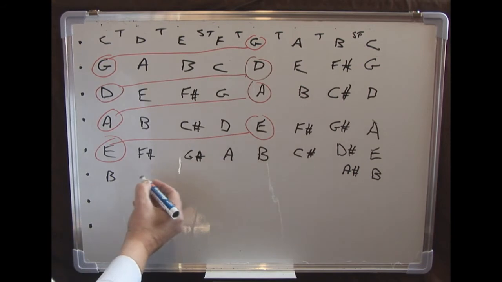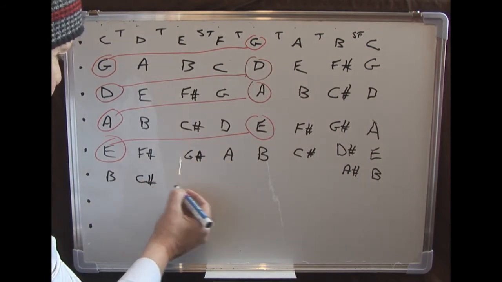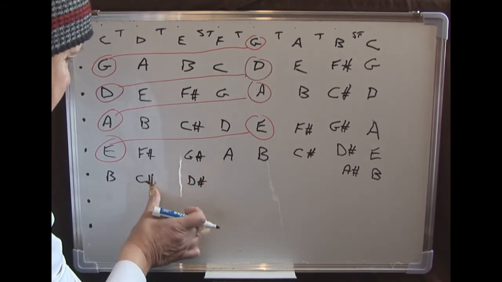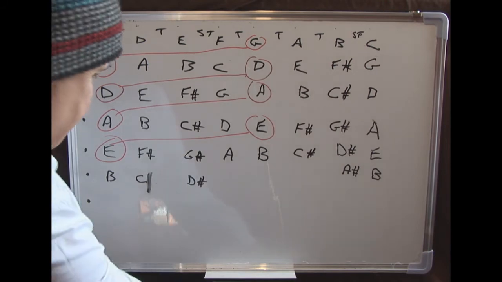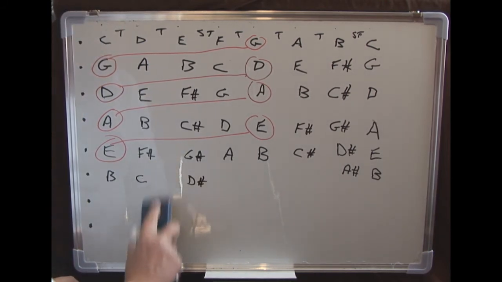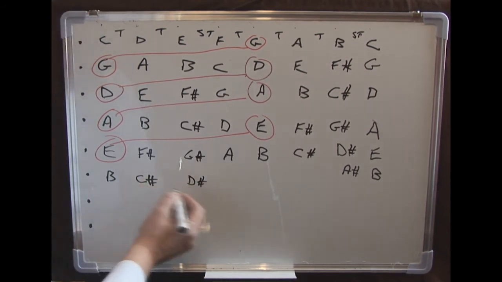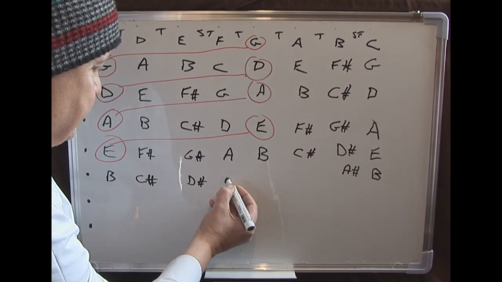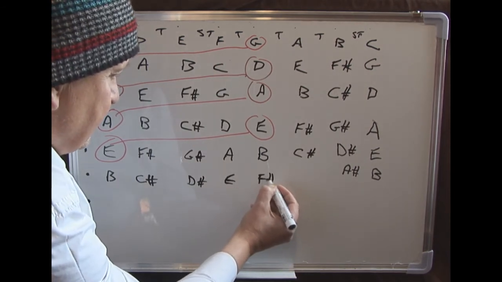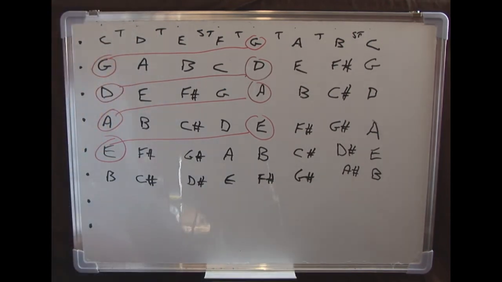So we've already accumulated a C sharp and a D sharp. B, C sharp, D sharp, E, F sharp, G sharp, A sharp, B.